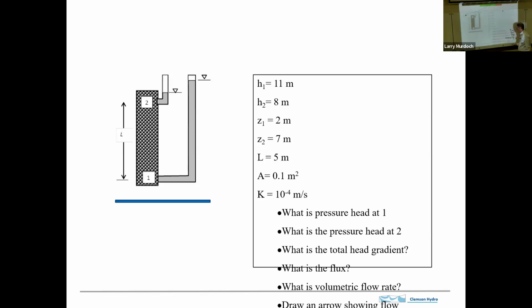Meter per second. And volumetric flow rate, that's going to be that times 0.1. So what about the flow direction? Going up or going down? Going up, yep. So the highest hydraulic head is here, so it's going up.